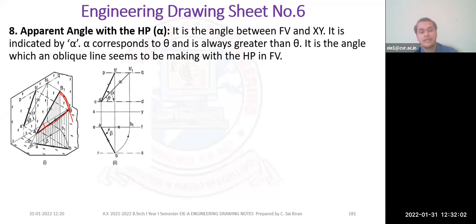If I project this inclination here, this will become B dash, and this is called alpha. So always alpha is greater than theta, because I gave one more inclination. That's the reason I need to project this line to the locus of PQ.